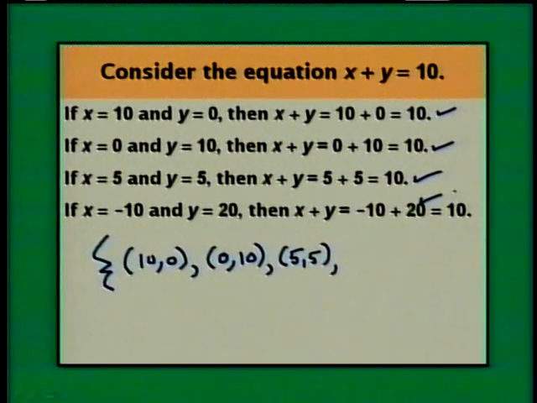And this observation gives me the ordered pair negative 10, 20. In fact, I can throw a bunch more in here as well. I could throw ordered pairs into the solution set all day. So I want some other way to get a handle on the infinite number of ordered pairs that are going to live in this solution set.